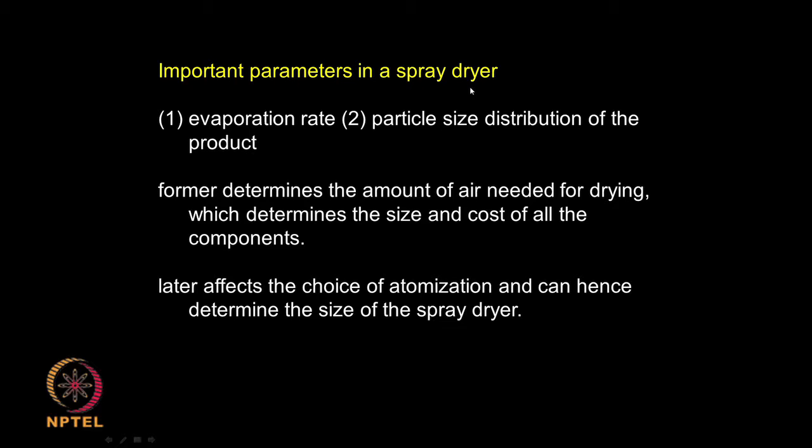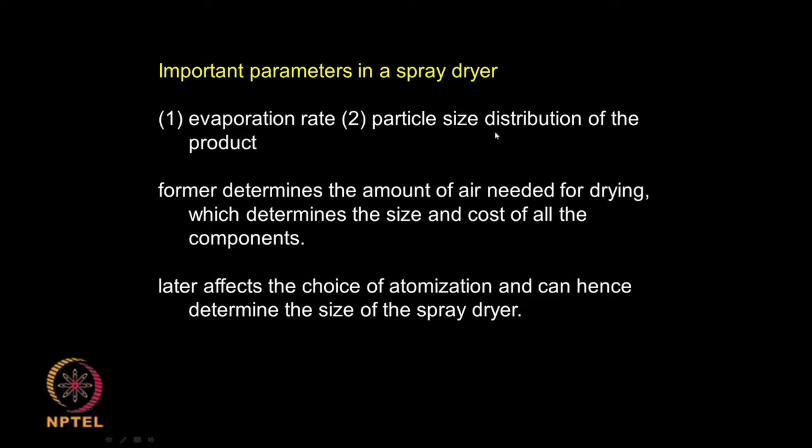So, what are the important parameters in a spray dryer? Evaporation rate, particle size, distribution of the product. Evaporation rate determines the amount of air needed. If I want to evaporate at a certain rate, that means I am evaporating the solvent or the moisture, so it tells you how much air I will require for drying. That will determine the cost of the air handling system, either a compressor or a blower.